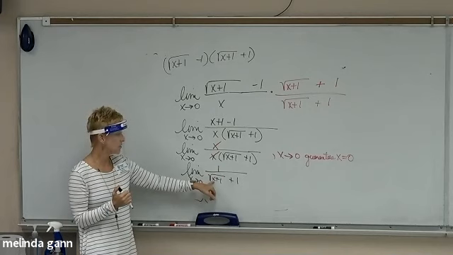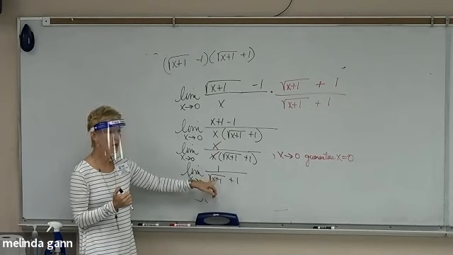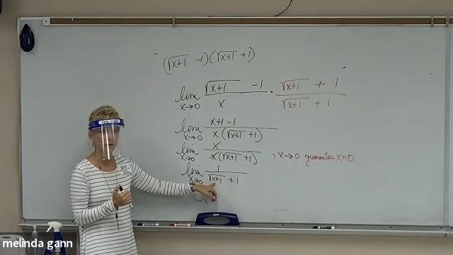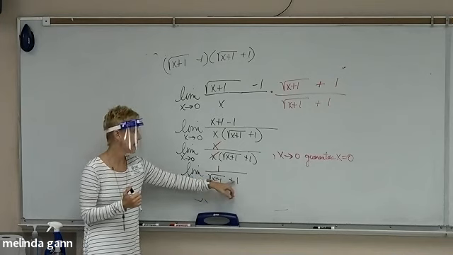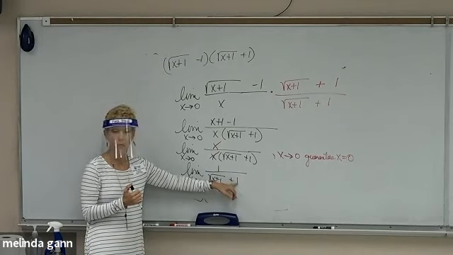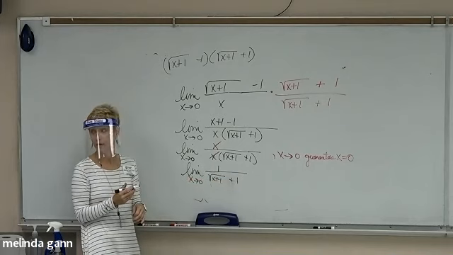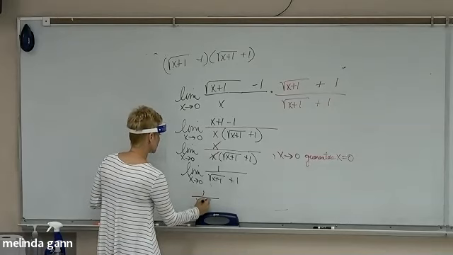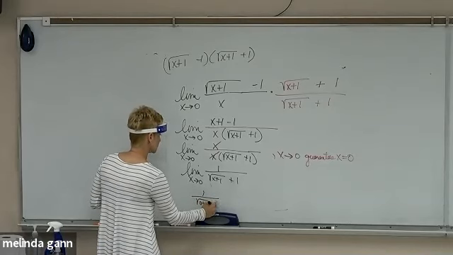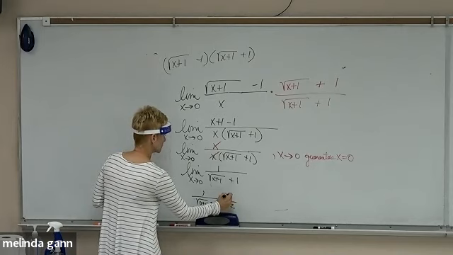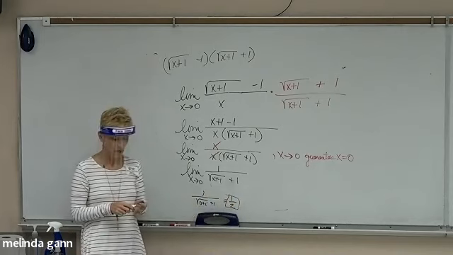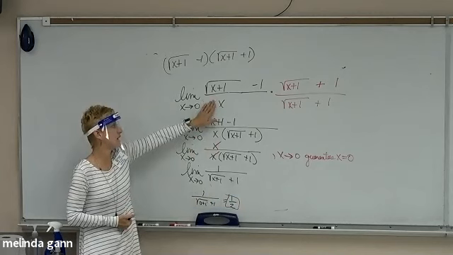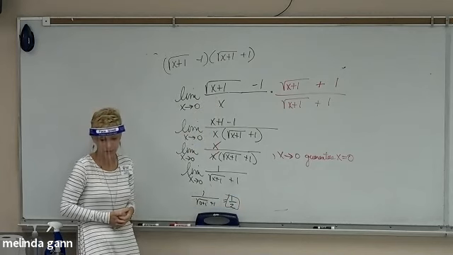Because when I sub 0 in there, what's that going to be the square root of? 1, right? Plus that 1. So what's my answer going to come out to be? Just 1/2. So sometimes multiplying by a conjugate helps. Sometimes it does, sometimes it doesn't.